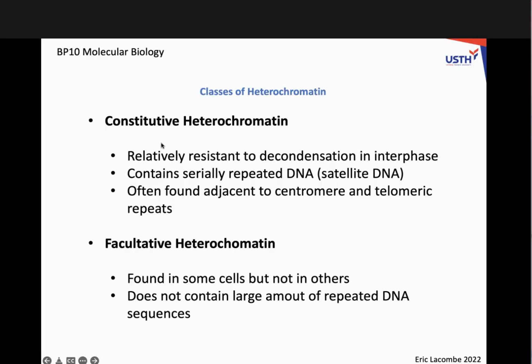Okay. Yes. So constitutive chromatin is always compact, because the most important thing for constitutive heterochromatin is to avoid transposons jumping from one place to another place. Okay, so that's the key point of heterochromatin. And I will explain something after, because there is a clear relation between constitutive heterochromatin and cancer as well.